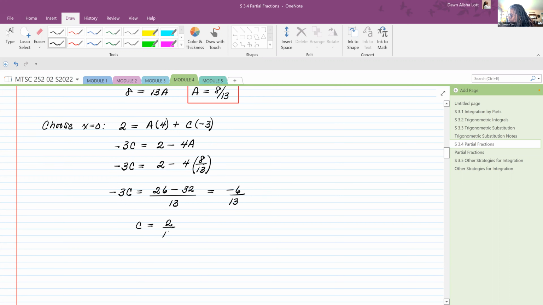So I'm going to get 2 is equal to A times x squared plus 4, so that's going to be times 5, plus Bx. Bx is just B times 1, plus C, and then that is times 1 minus 3, which is -2.